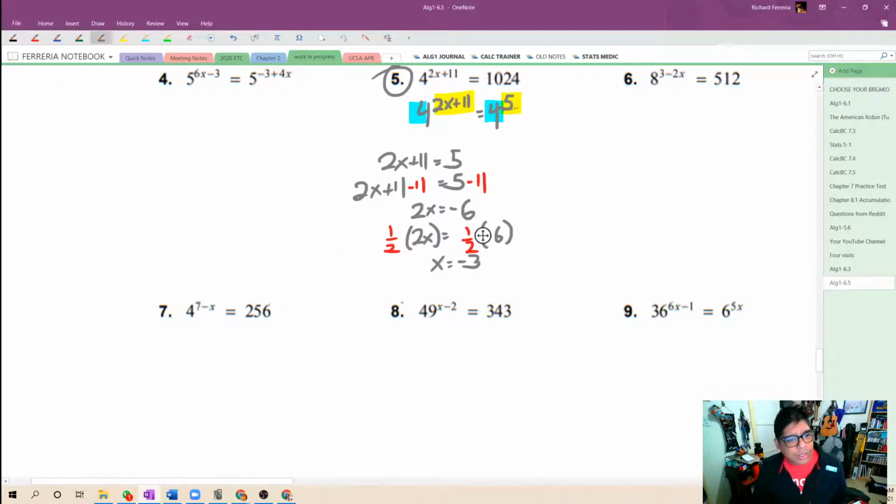Let's try 8. This is the first one that I think is going to be a little bit difficult. So let's take the approach that we did before. If we have 49 to the x minus 2, is that equal to 49 to some other power over here? So basically 49 to some power is equal to 343. What would that power be? Let's guess and check again.